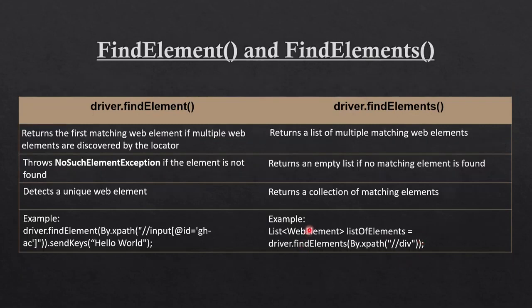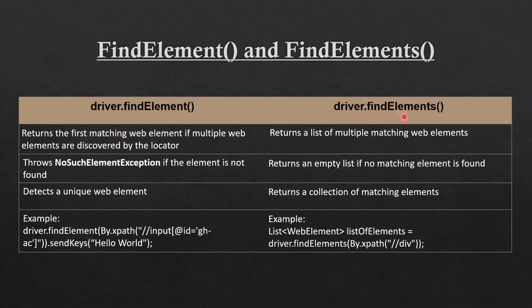Next is the findElement and the findElements. Now the findElement returns the first matching web element if multiple web elements are discovered by the locator. Suppose the name given over here is column1, and there are multiple column1s present on the web page, so multiple web elements are discovered there, and it will return the first matching web element.